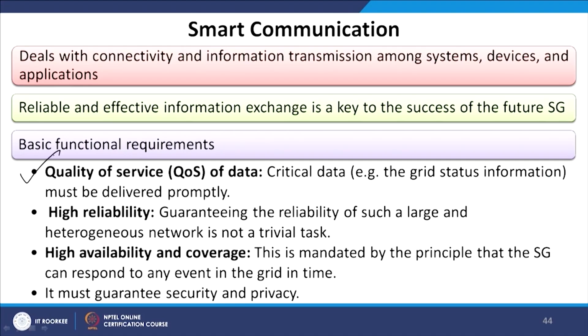For example, grid status information must be delivered promptly. It has to have high reliability. Guaranteeing the reliability of such a large and heterogeneous network is not a trivial task. High availability and coverage are mandated by the principle that the smart grid can respond to any event in the grid in time. It must guarantee security and privacy.